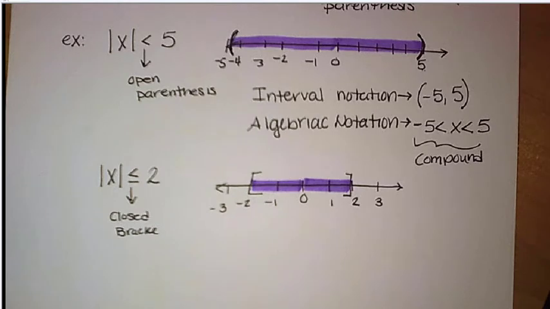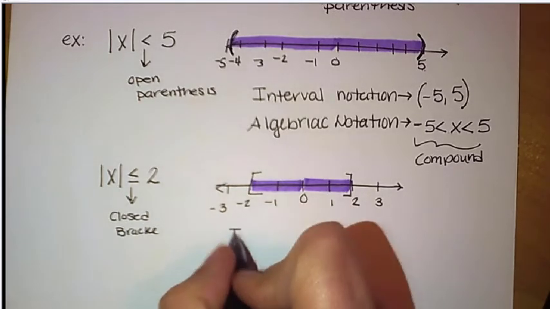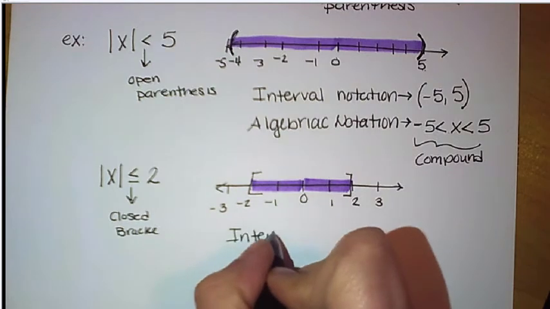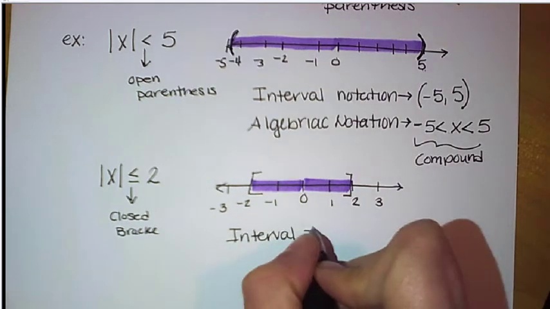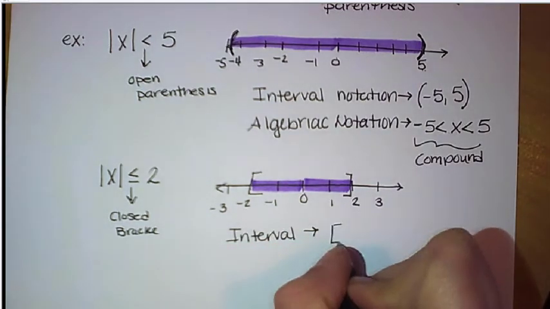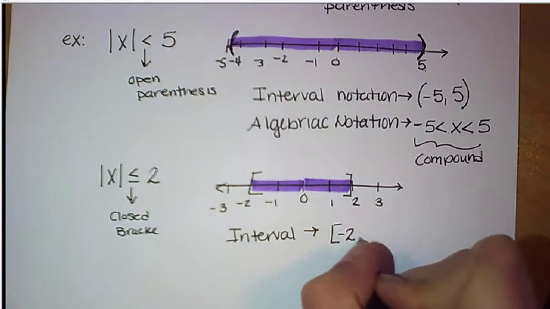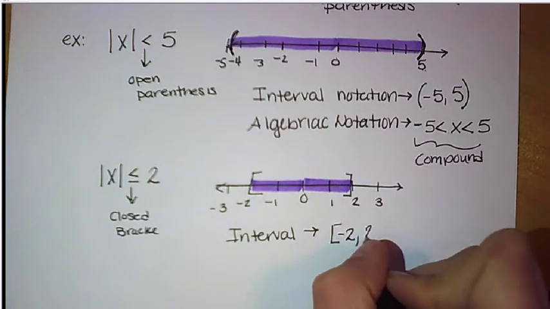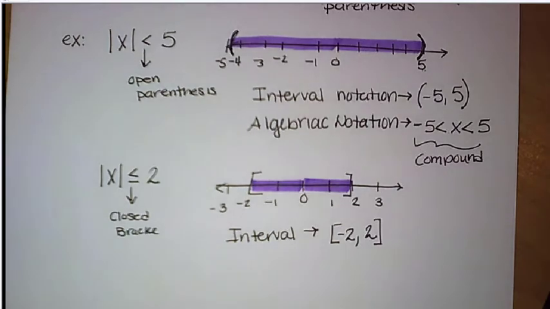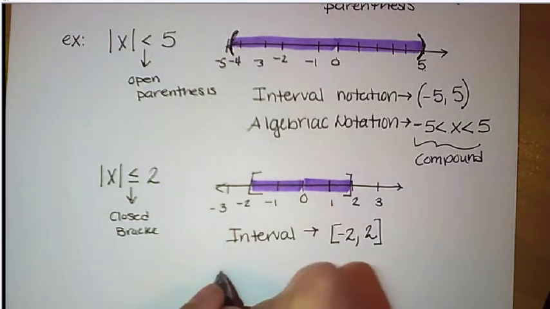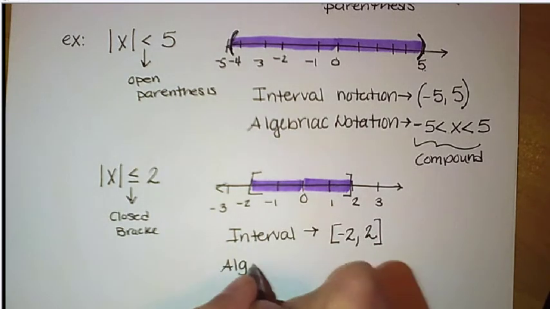On the less than we had parentheses, and here, for less than or equal to, we have the brackets. But our interval notation, again, is just a representation of our graph. So this is going to start at -2 with a closed bracket and go to +2, also with a closed bracket.